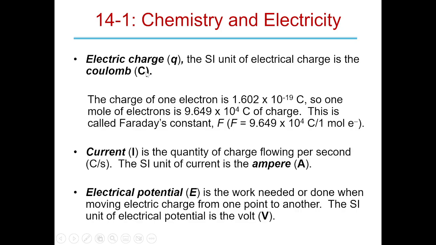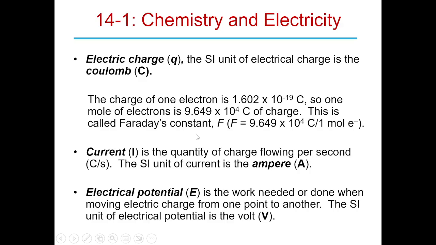So that's the coulomb, a measure of charge. The charge of 1 electron is 1.602 times 10 to the negative 19th coulombs. So 1 mole of electrons would be this right here in charge, which is 9.649 times 10 to the fourth coulombs of charge. That number is actually Faraday's constant.